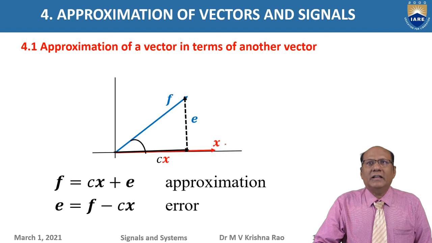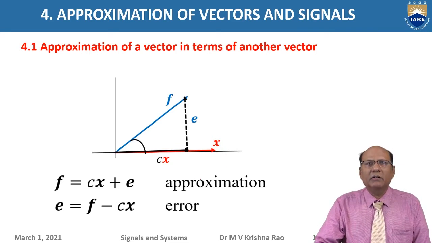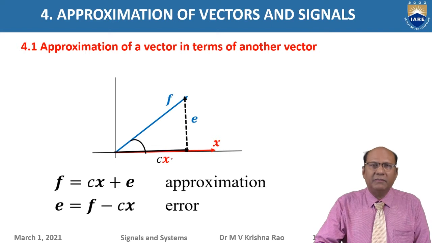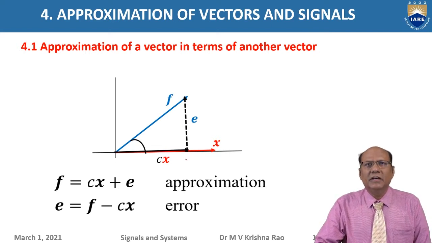Now let us come to the approximation part. So far, we have described a three-dimensional vector space and an n-dimensional vector space, and both are orthogonal spaces. Orthogonal vector spaces means any arbitrary vector in this can be represented as the sum of three components along the three orthogonal axes.